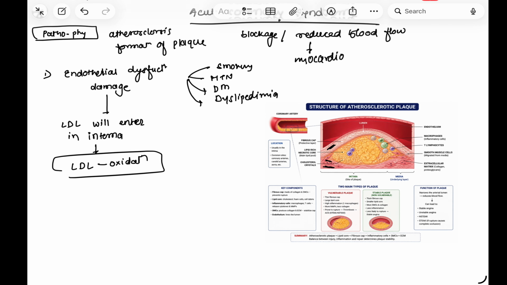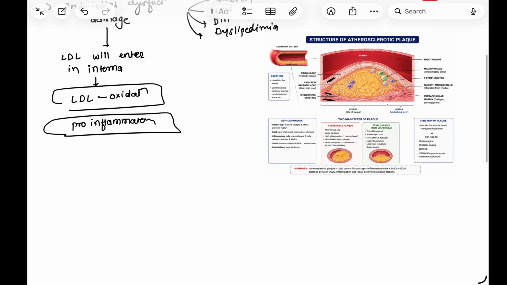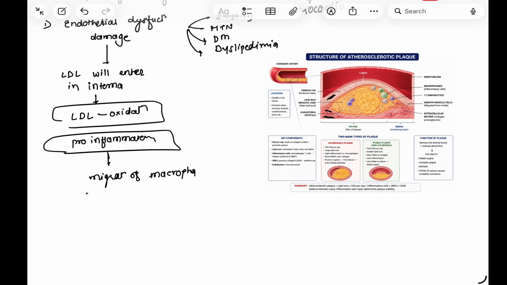This oxidized LDL acts as a pro-inflammatory, and due to this there is a migration of macrophages. It will attract the macrophages to clear this LDL and to start healing.